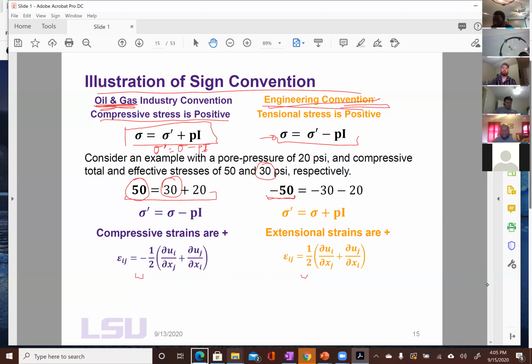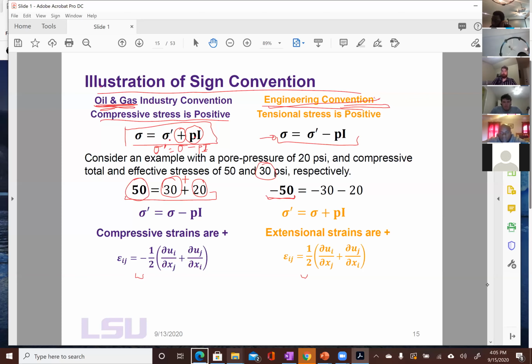I put plus 30 because it's compressive. Pore pressure is compressive, but the sign doesn't show up in the number you put. The sign is taken into consideration here. Because whether you are in engineering convention or the oil and gas convention, nobody is going to model pressure as being a negative number. So 20 is here. The sign on it being compressive is already positive to account for that. So the sign on pressure is the same as the sign on the stresses, right? Because they are all compressive in this case.